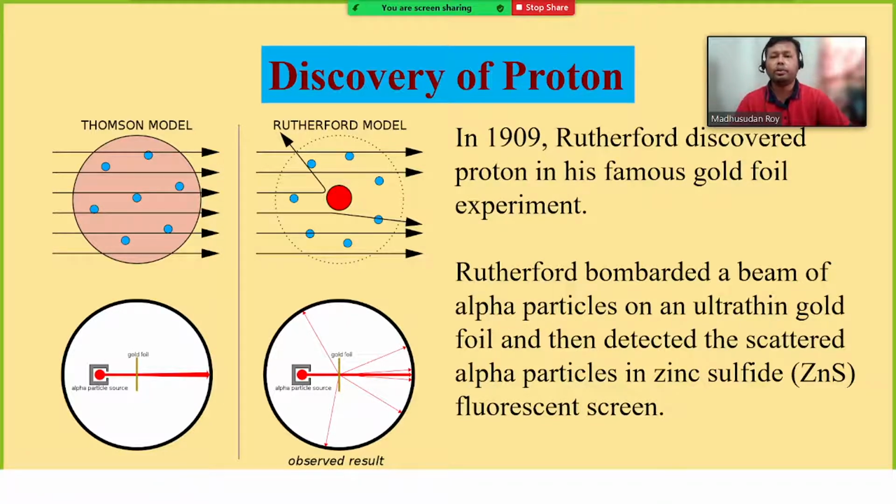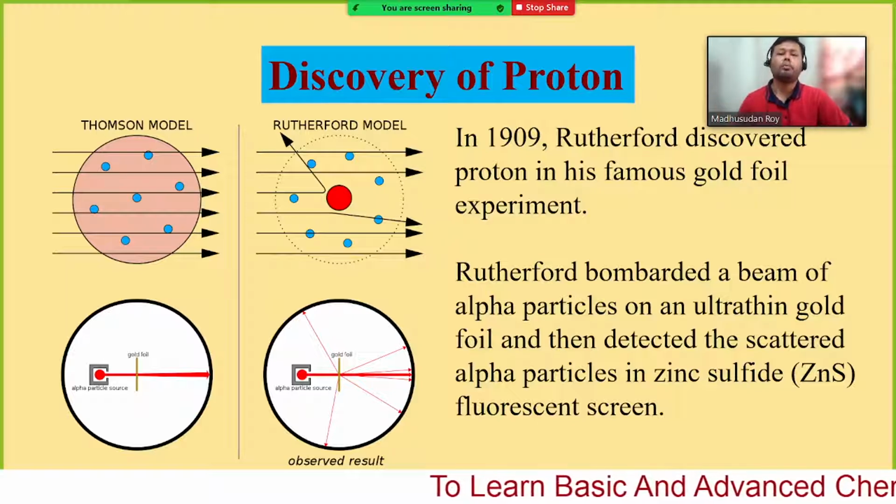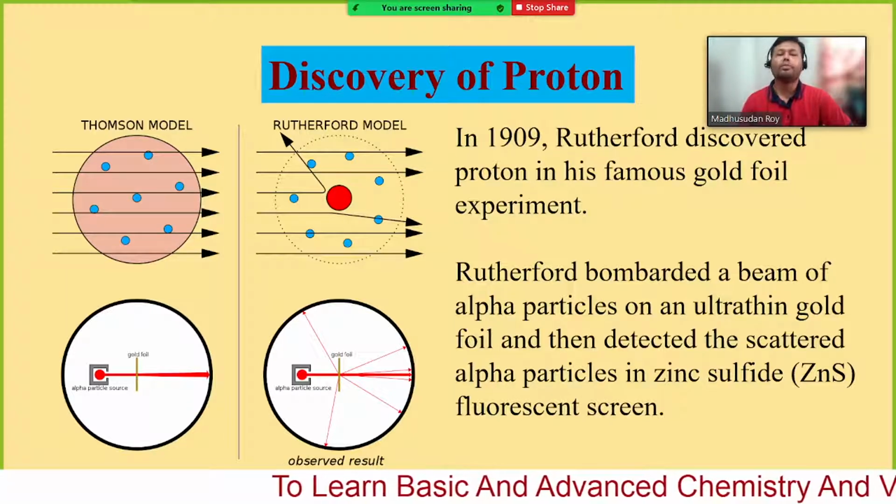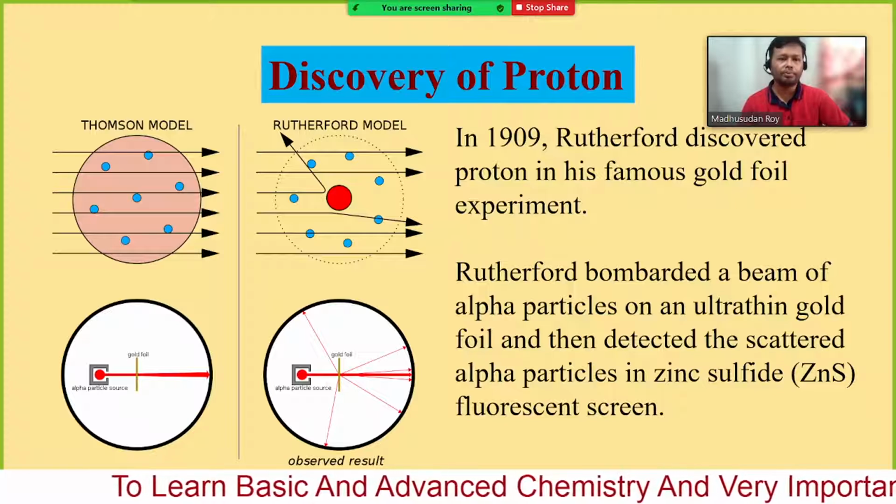But he could not give any idea about the nucleus. So how can we explain the existence of the nucleus, protons or neutrons? Therefore Thomson's model could not describe all the things regarding the atom.